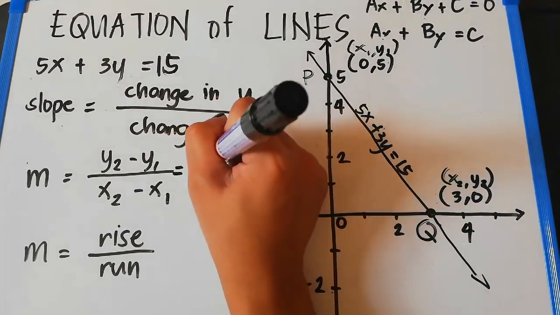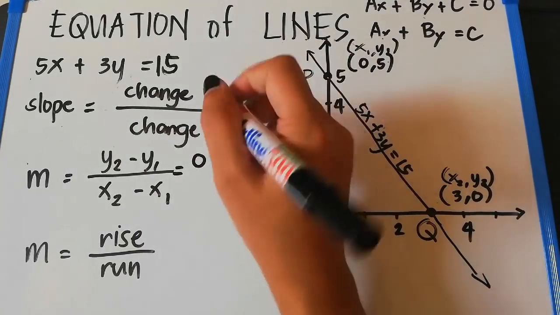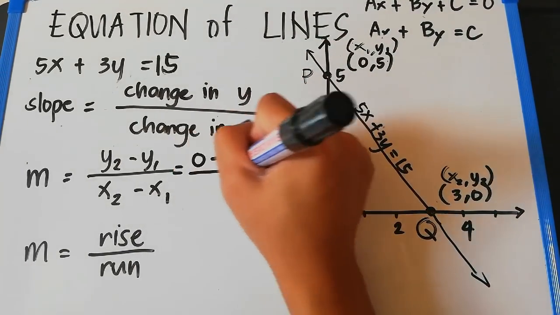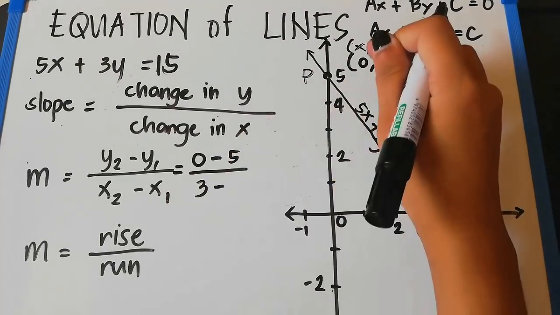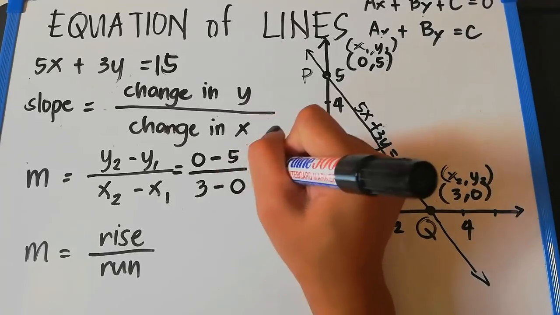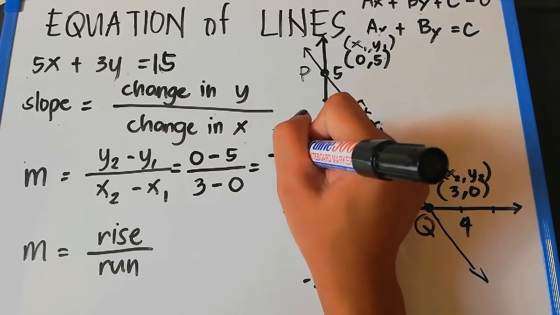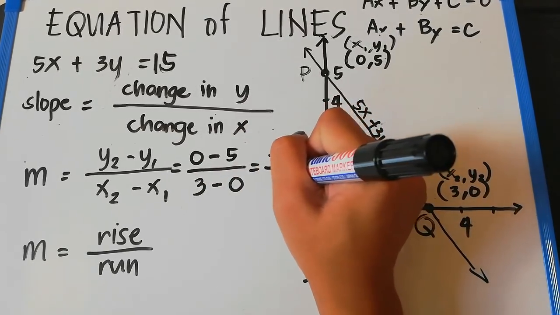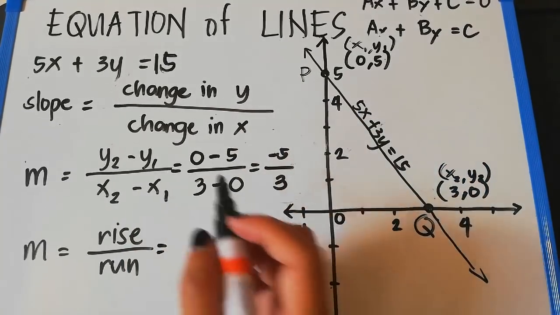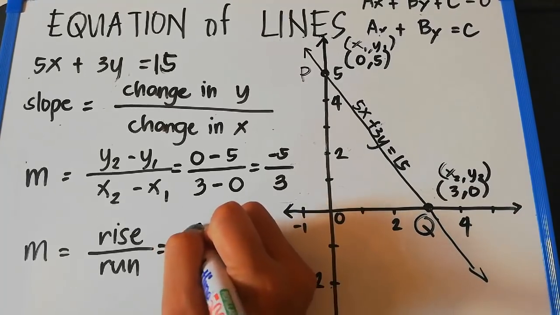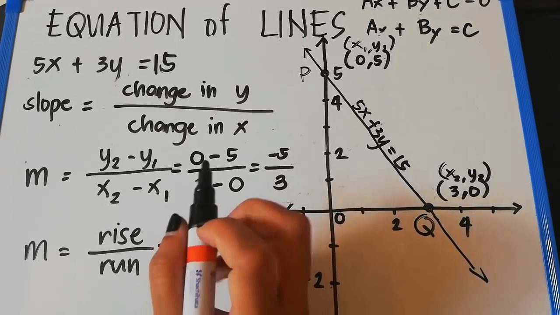Y sub 2 is 0 minus ating y sub 1 ay 5 over x sub 2 ay 3 minus x sub 1 ay 0. 0 minus 5, negative 5. 3 minus 0 is 3. So, ngayon, ang slope natin, the value is negative 5 over 3.